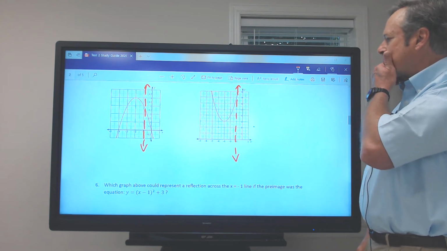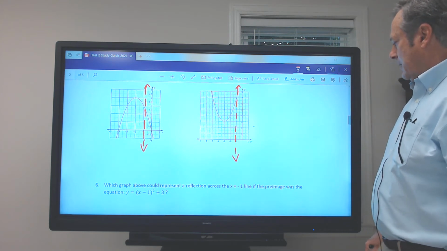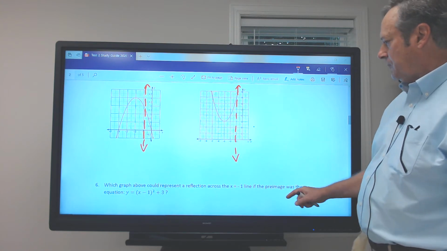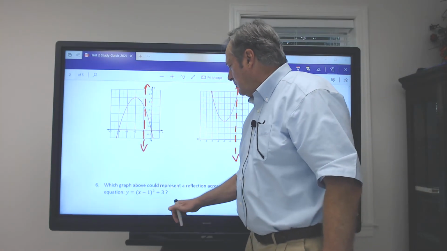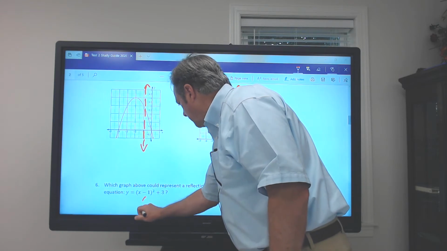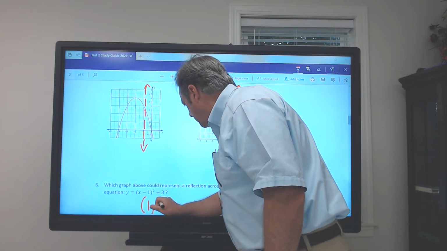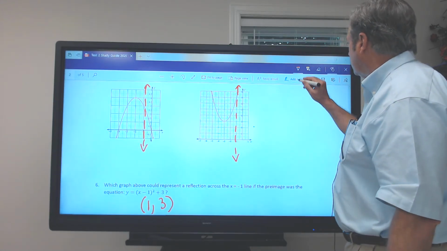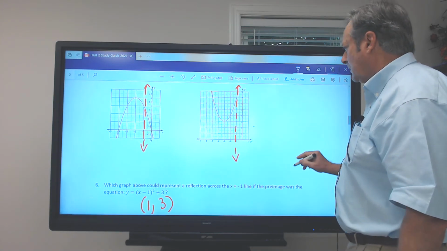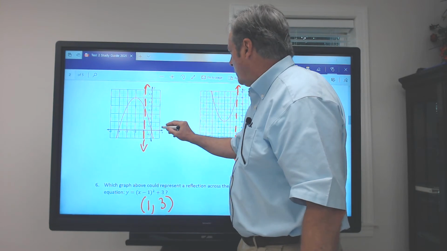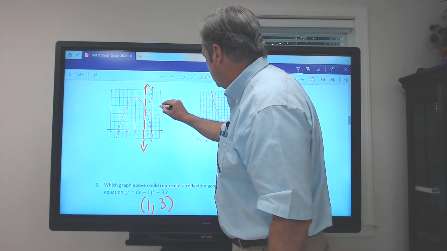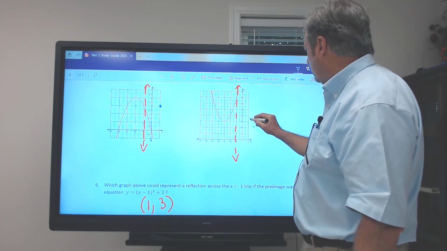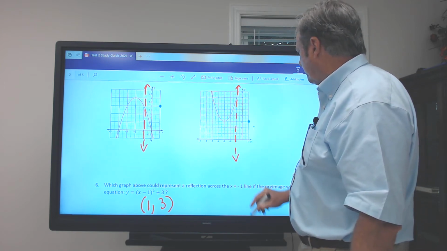Now, the preimage, remember, that's where you start. If it started here, what is that vertex? That vertex is +1, +3. So let's locate that. +1, +3 is right there.